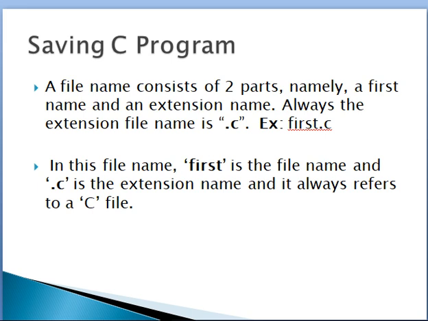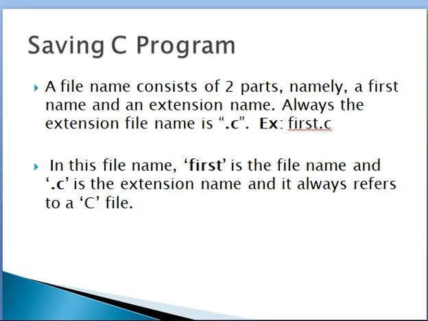In this file name, first is the file name and .c is the extension name, and it always refers to a C file. To identify C program files, we use the .c extension. If you observe other files, any application files like Word, Excel, Paint files, at the end of the file name we will find some extensions.